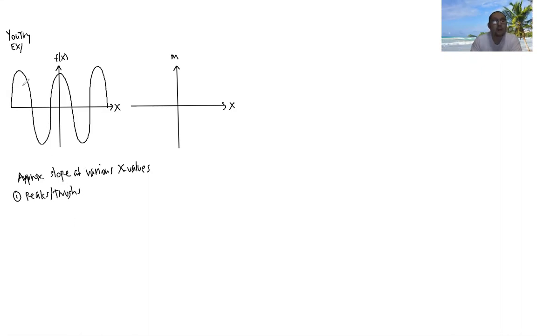At peaks like this one and this one, and at troughs like this one and this one, we know that the tangent line looks like this. It's supposed to be straight across.